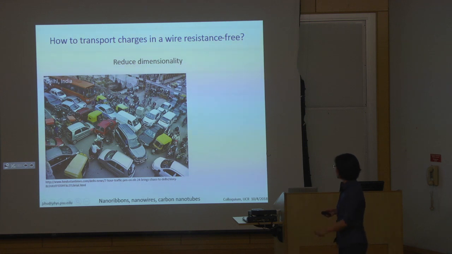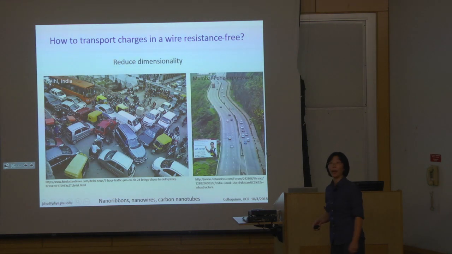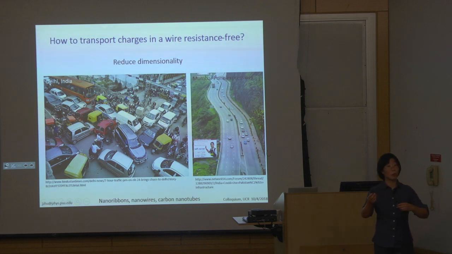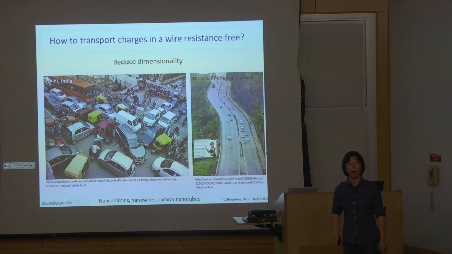So it's more easily a jammed position. Whereas if you have highways, electrons moving in 1 dimension, there's a much smaller chance of doing that. So reducing the dimension also helps. And we have materials where electrons move in 1D: nanoribbons, nanowires, nanotubes, and so on.